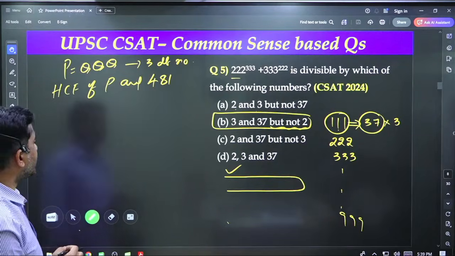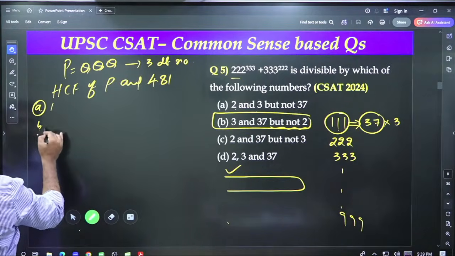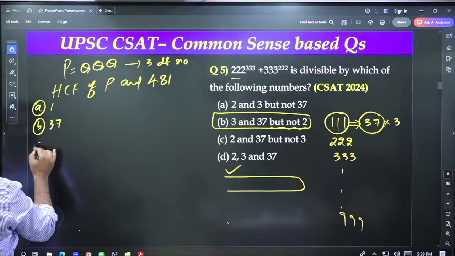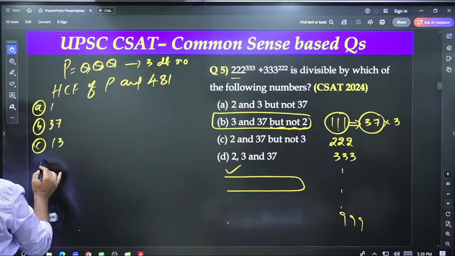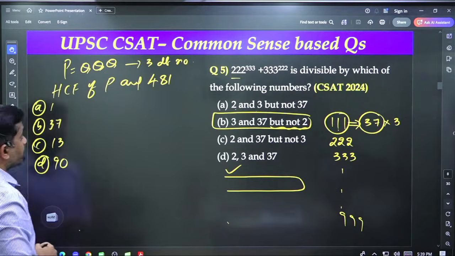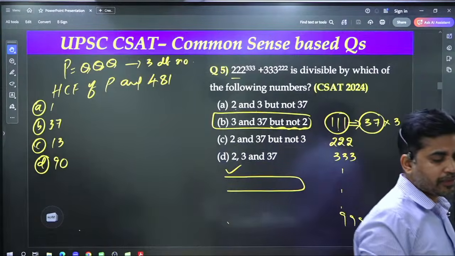This is the question. Options are like this. Excellent question. HCF means highest common factor. Right. Very good.